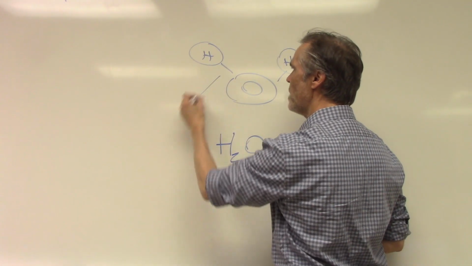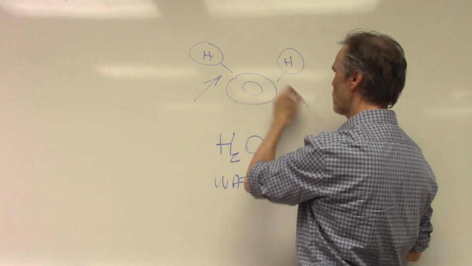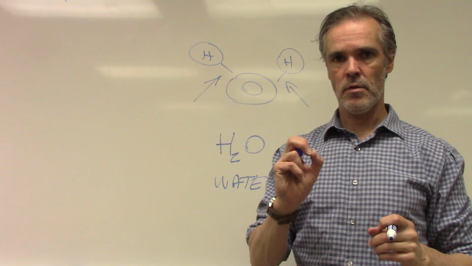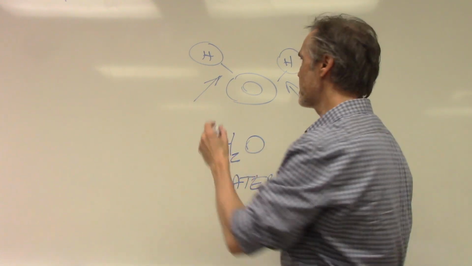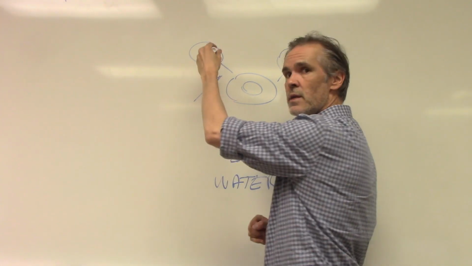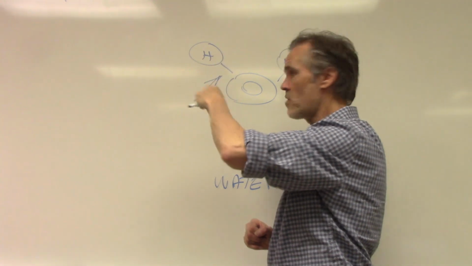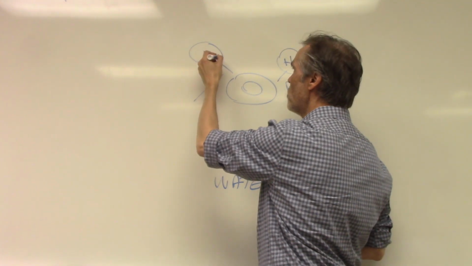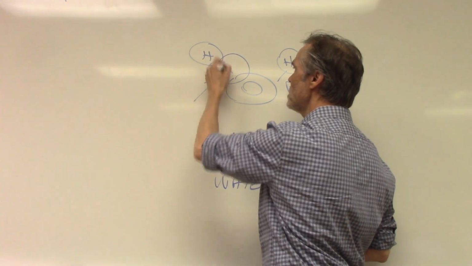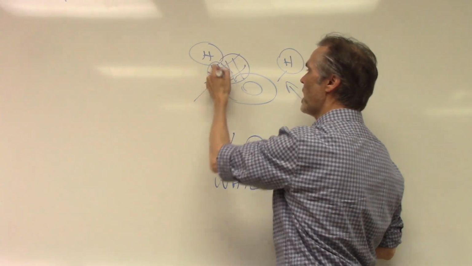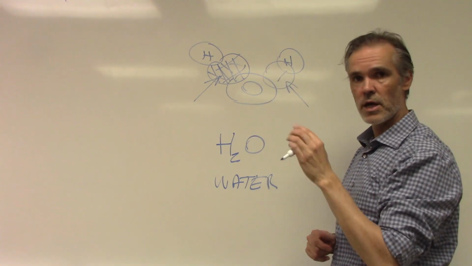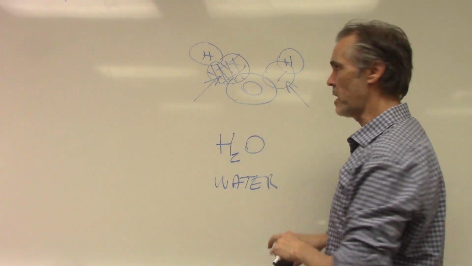Now what's the type of bond right here and right here? This is covalent bonding, right? So what happens here is that there's electrons being shared between the oxygen and the hydrogen right here. So we have a space right here where we have the electron, and then we have the same on that side here. Okay, so that's very important to understand.